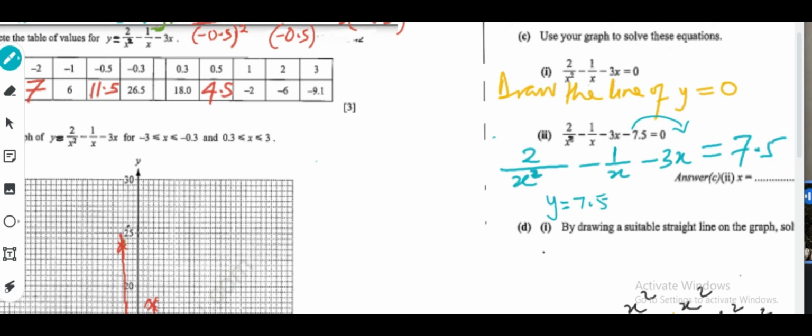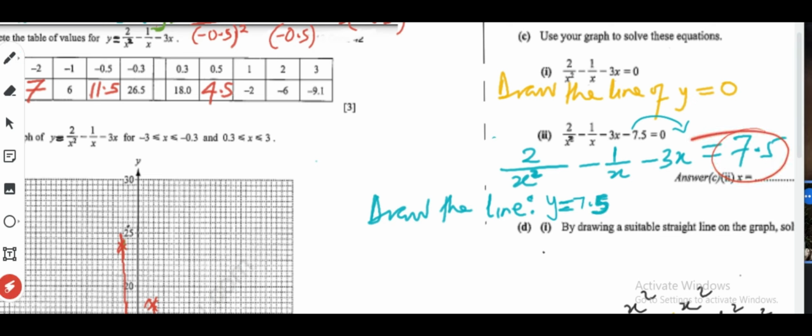So draw the line. Can you draw that? Yeah. We draw the line y equal to 7.5, because this has been replaced by 7.5, since the whole of here is the same now as the whole of here.